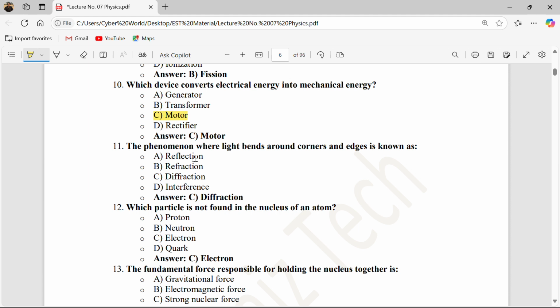The phenomena where light bends around corners and edges is called what? Reflection is basically the reflection. Refraction is when light bends after going into a denser medium. So diffraction is the answer.